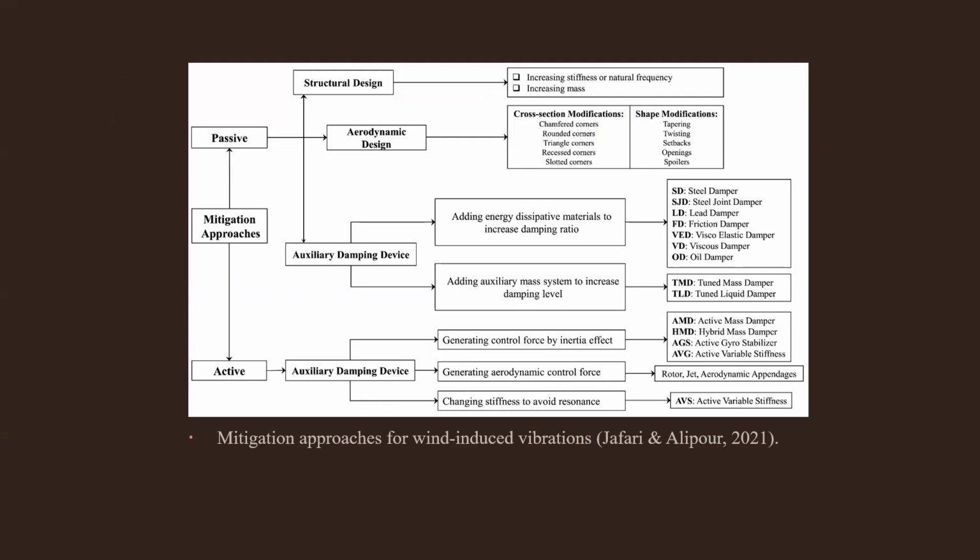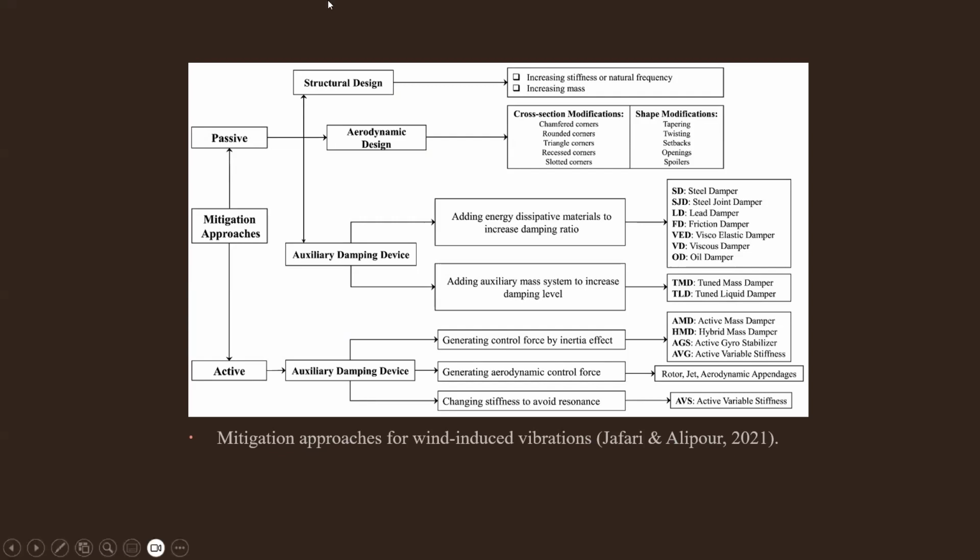These damping devices generate control force by inertia effect, they generate aerodynamic control force, or they change the stiffness to avoid resonance. They can also add energy to dissipate the materials, increasing the damping ratio, and they can increase the damping level. For the passive control design, we have two ways of solving wind-induced vibrations. This could be done by structural design or aerodynamic design.